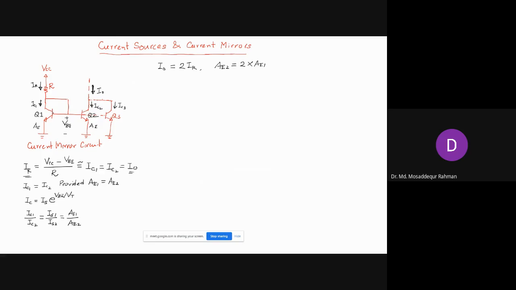Now, when you draw it like this, we assume that they all have the same cross-sectional areas. So we have IC1 equal to IC2, and that is equal to IC3. They're all the same. So I naught will be twice of these two currents, and that will be 2IR. So that is another way of showing it. If we have 4 transistors, then the current here will be 4 times this current.